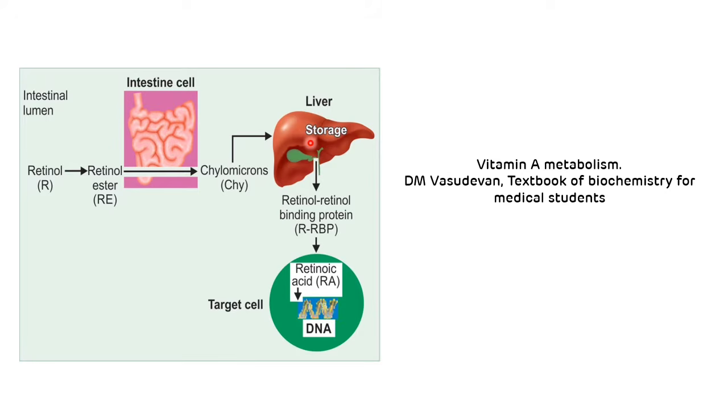Vitamin A stored in the liver is transported to the peripheral tissues in the form of all-trans retinol by retinol binding protein. This retinol binding protein complex is taken up by receptors present on the target cell, and after uptake, hormone response elements present in the DNA are activated, so the genes are activated. So this is the picture showing the metabolism of vitamin A.